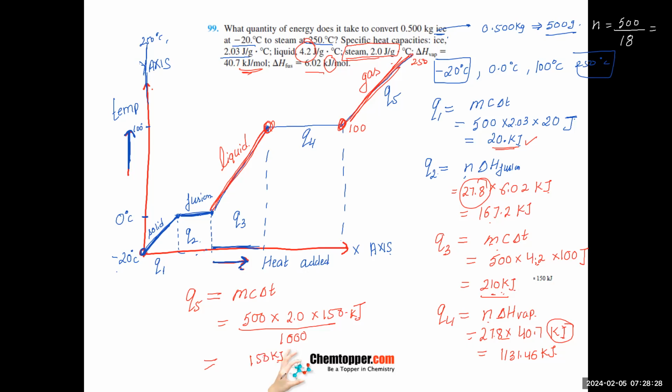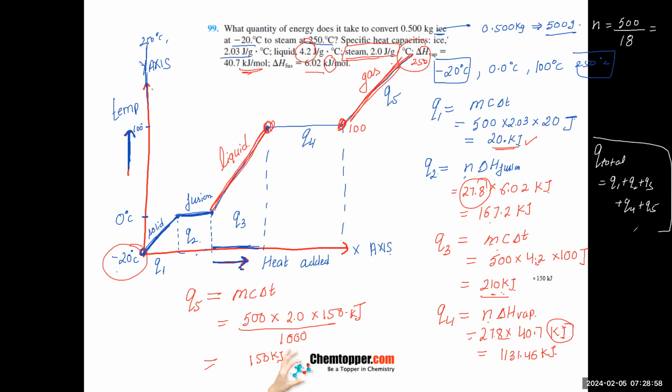Now, what is the quantity of heat needed to raise the temperature of half kg of ice from -20 to 250? You are going to add all these values. The amount of heat needed, Q total, will be Q1 plus Q2 plus Q3 plus Q4 plus Q5.